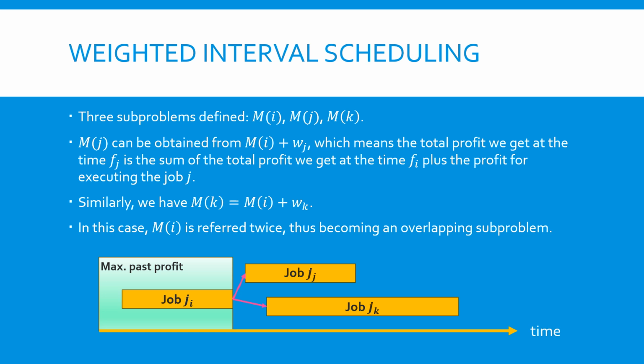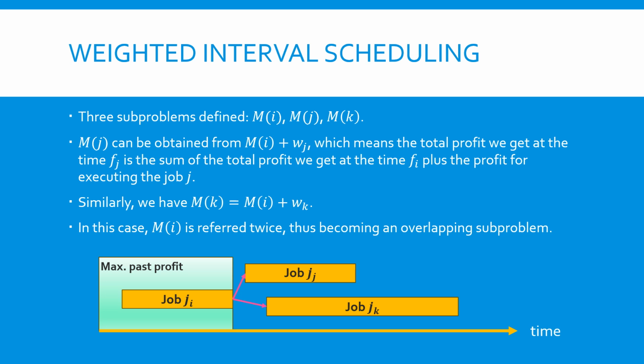Consider the three jobs JI, JJ, JK, along with their associated subproblems MI, MJ, and MK. Observe that there is no conflict between jobs JI and JJ. The maximum profit MJ can be computed by adding the profit of JJ to the previous maximum profit MI.